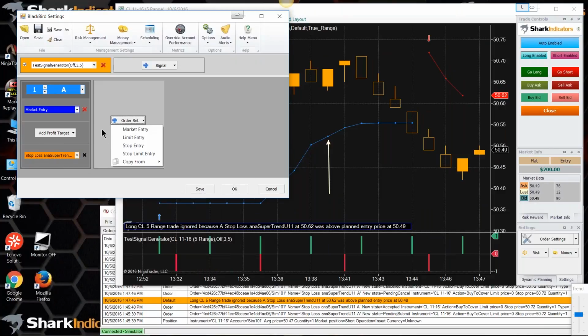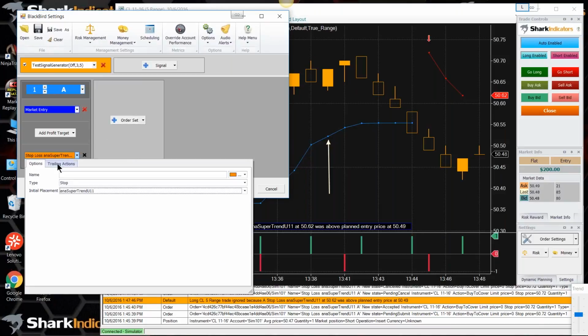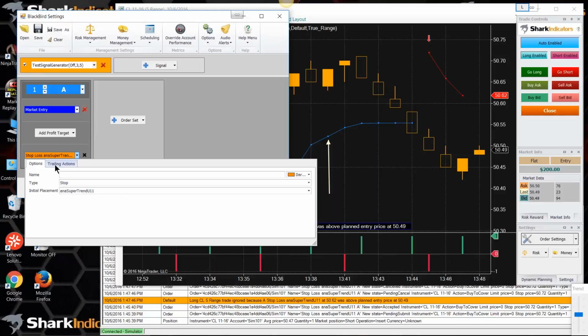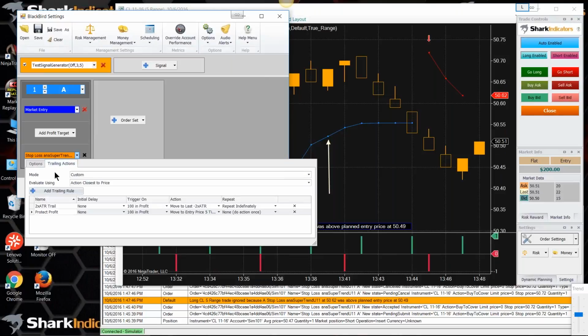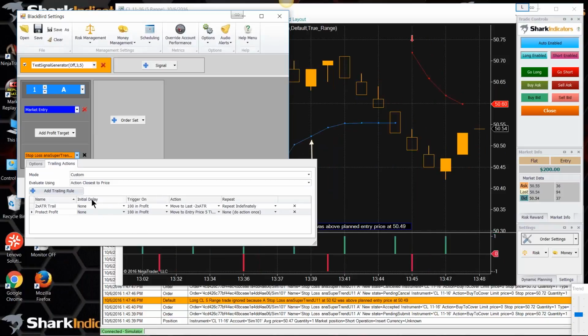Here, let me just, well, I guess I'll use the stop loss to explain. In the trailing actions, what's the difference between the delay and the trigger? Well, a delay is just that.